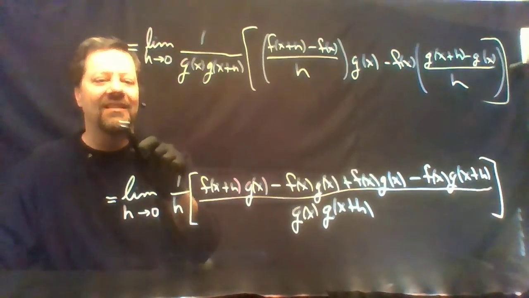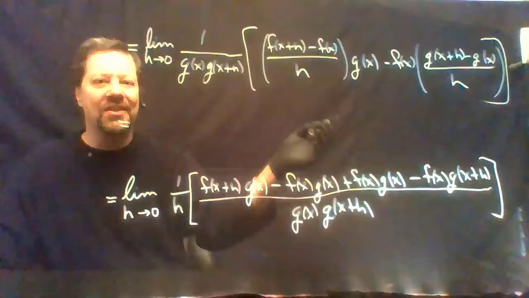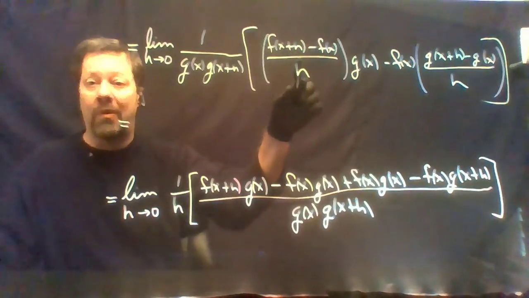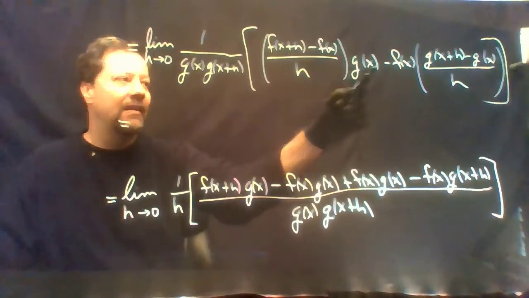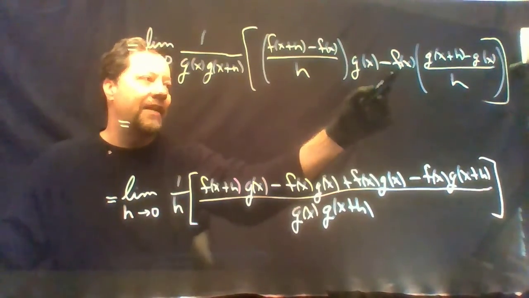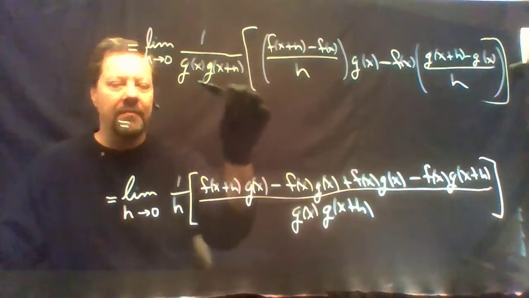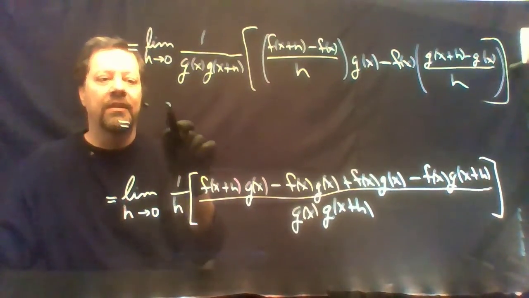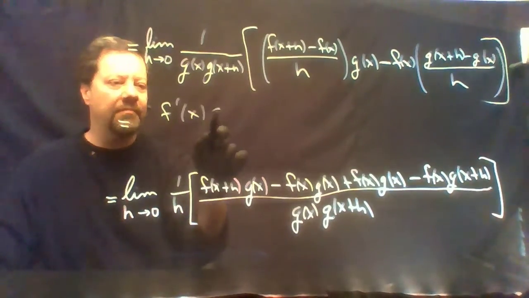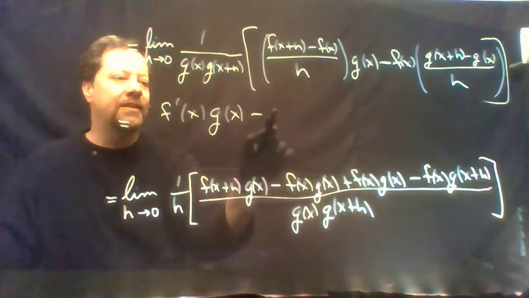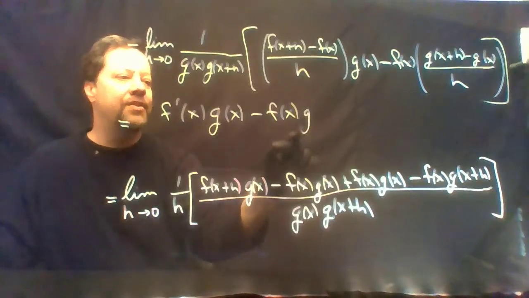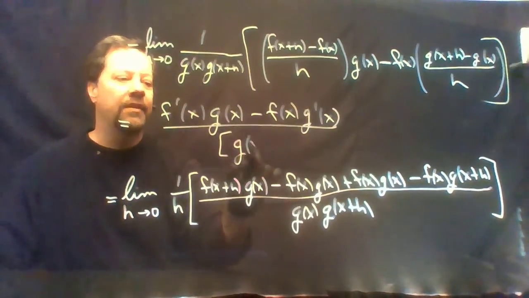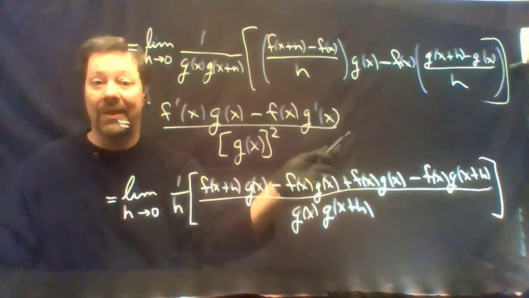Now, when we take the limit as h goes to 0, the first factor in the braces is f prime times g, and then we get minus f times g prime. These will still be in the denominator, but as h goes to 0, we get the following: f prime of x g of x minus f of x g prime of x over g of x quantity squared.